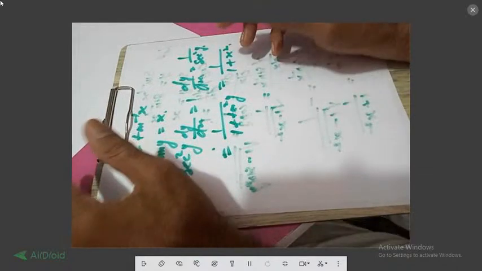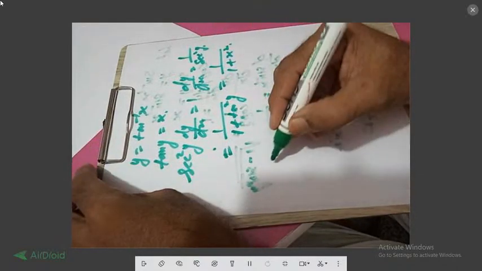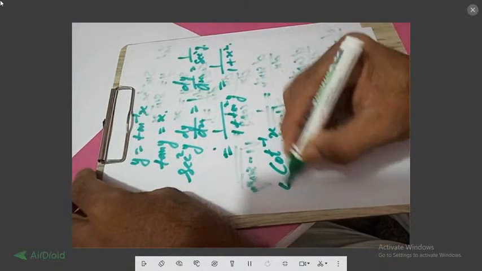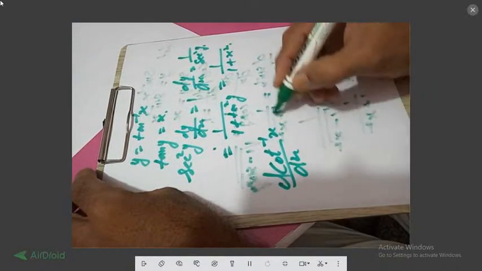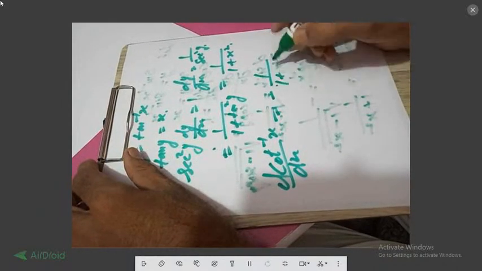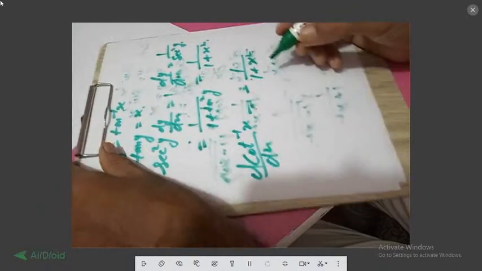And so on, we can find out the derivative of cot inverse x. This is equal to minus 1 oblique 1 plus x square.